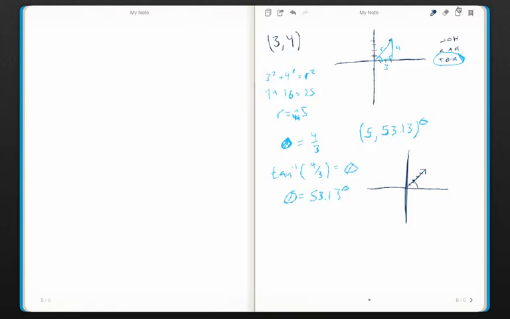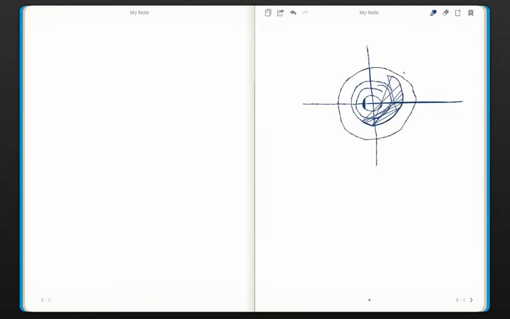Now, polar coordinate graph paper is laid out differently than Cartesian graph paper. Polar coordinate graph paper still has the xy axis, but instead of horizontal and vertical lines, it has a system of circles that continue out from the center.